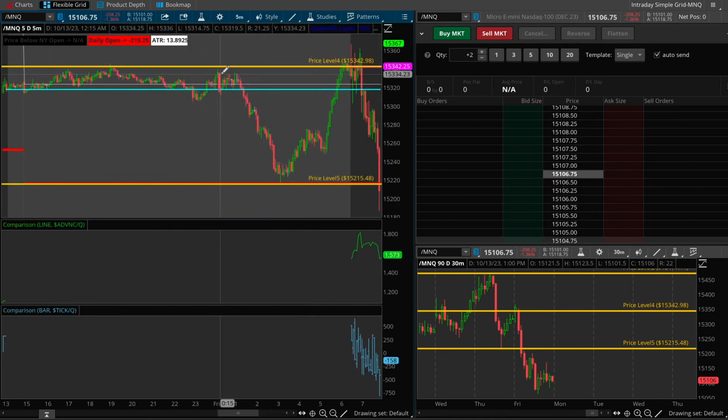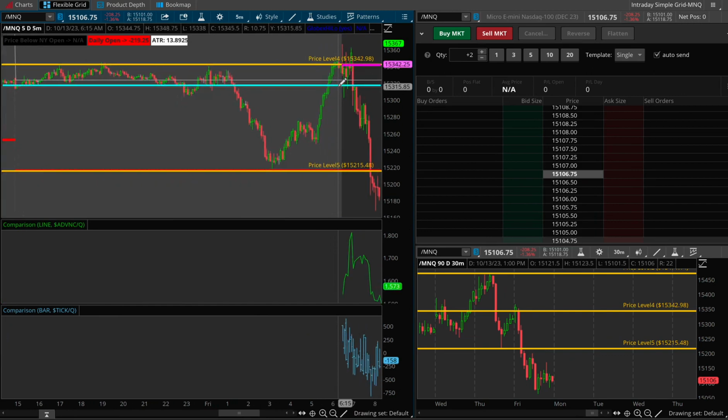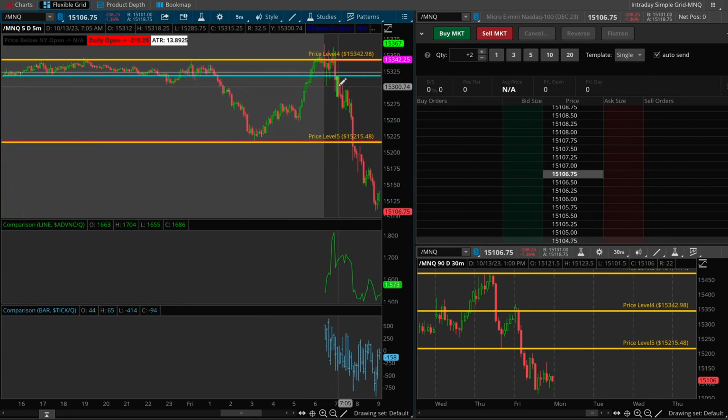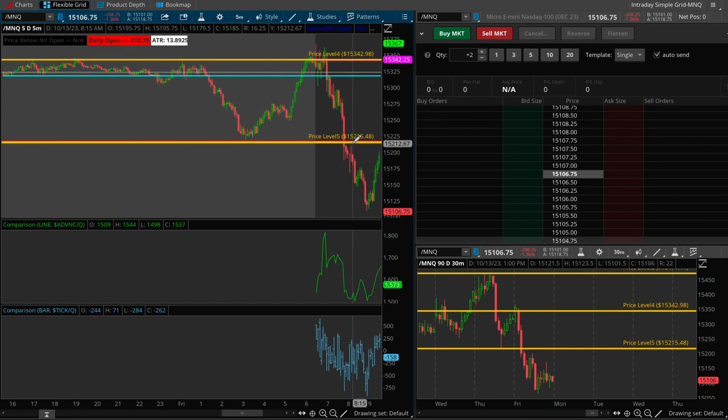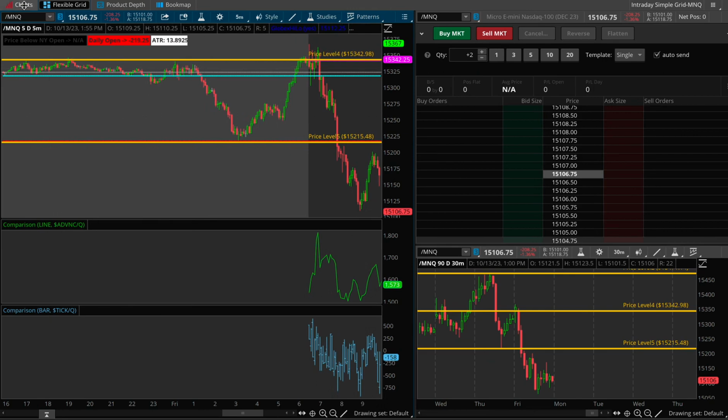So the market opened right there, and it never could break out, and hence, I took a short there, and those were my targets, pretty much clear targets.